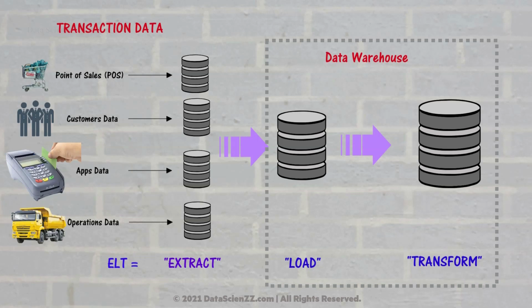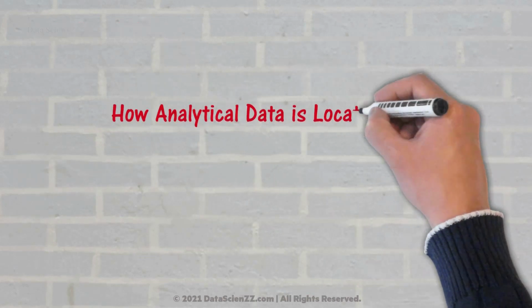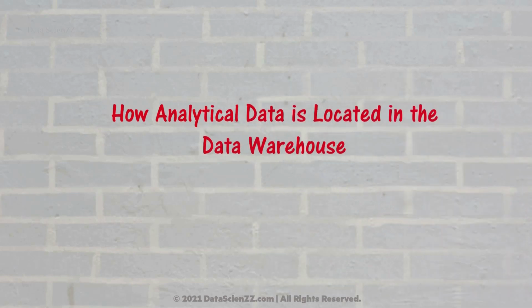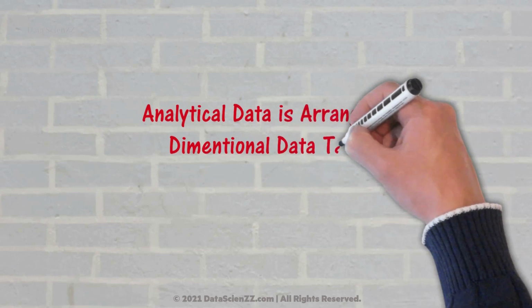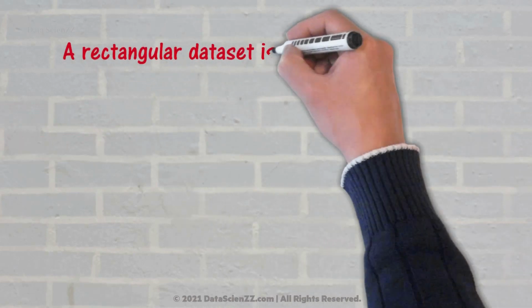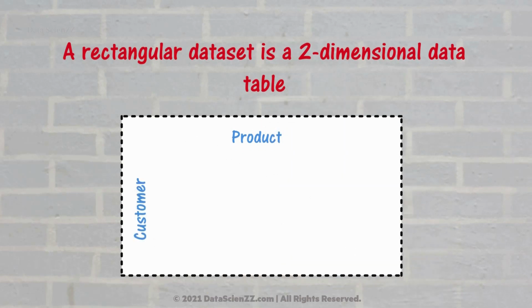The transformation logic can be changed without impacting the system performance. Next, the question is, how is analytical data located in the data warehouse? Well, the data is arranged as a dimensional table. When you see a simple rectangular dataset, it is a two-dimensional data table.